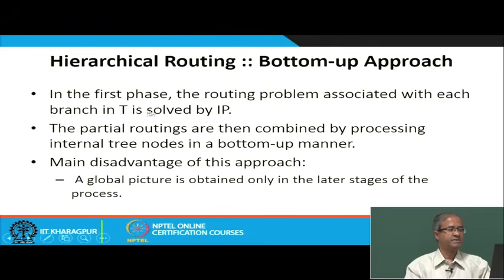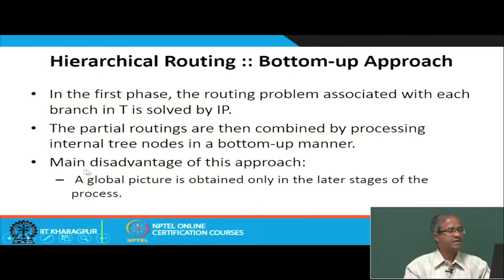Bottom up is different. In bottom up you are going from the bottom to the top. That means the routing problem associated with each branch of the cut tree is solved. Then you combine them to form a node at the higher level, then you move to the higher level.